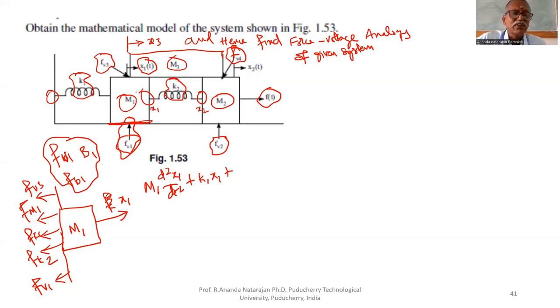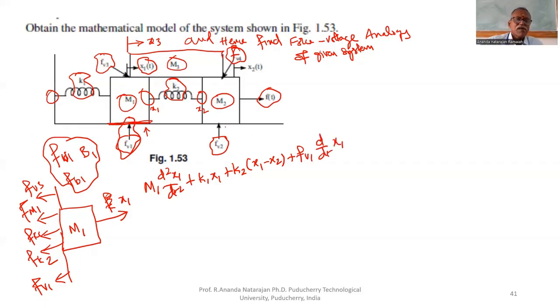We are writing in terms of M1, therefore, K2 multiplied by x1 minus x2. Here, the friction is between the floor and the mass m1. Therefore, one end is fixed in this case. Therefore, plus Fv1 d upon dt of x1.